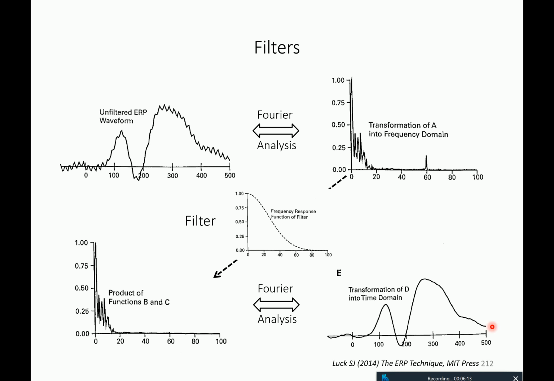So to avoid these kind of very slow drifts, one can use a high pass filter. These kind of linear drifts, you can think of as very slow sine waves, and they are just on the increasing end of the sine wave.